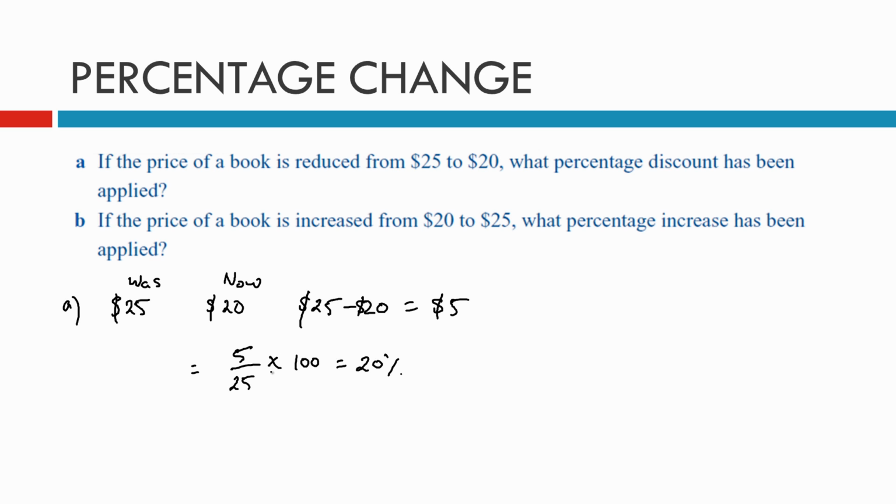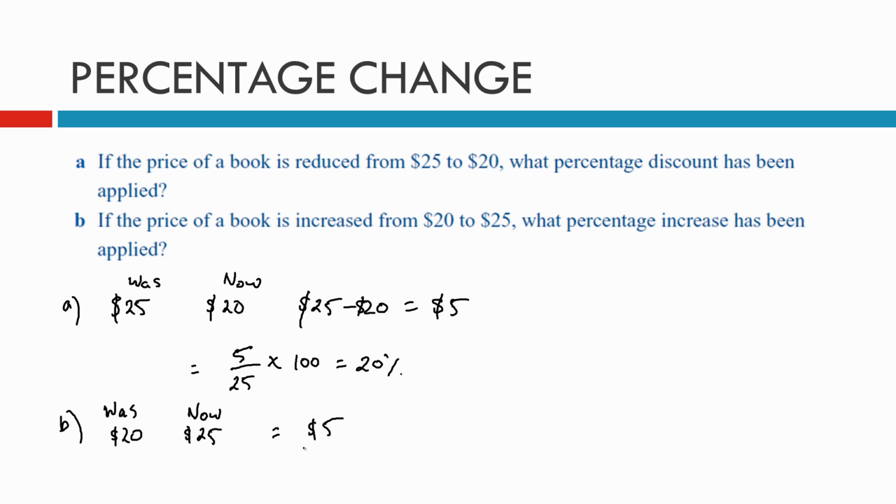Now, the next one, if the price of a book is increased from 20 to 25. So this one's different because it was 20 and now it's 25. It's increased again by the difference between these two, $5, isn't it? Now it's 25 and it was 20, so the difference between the two is 25 minus 20, which is $5.